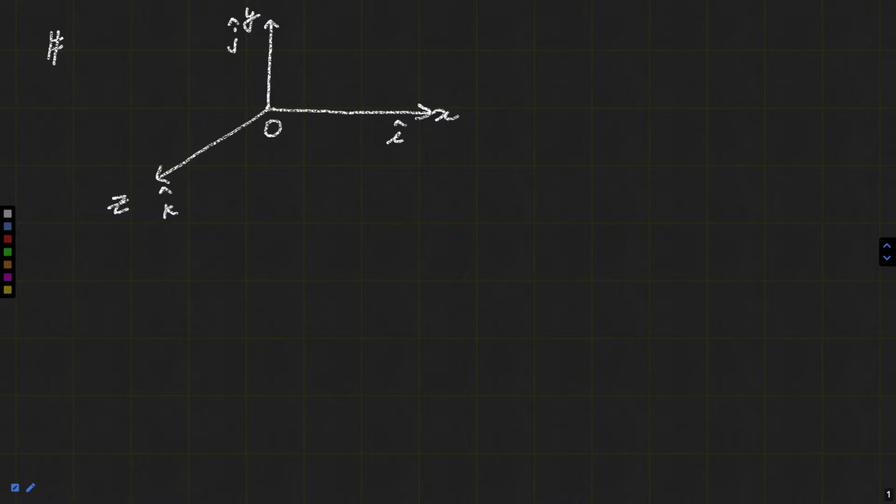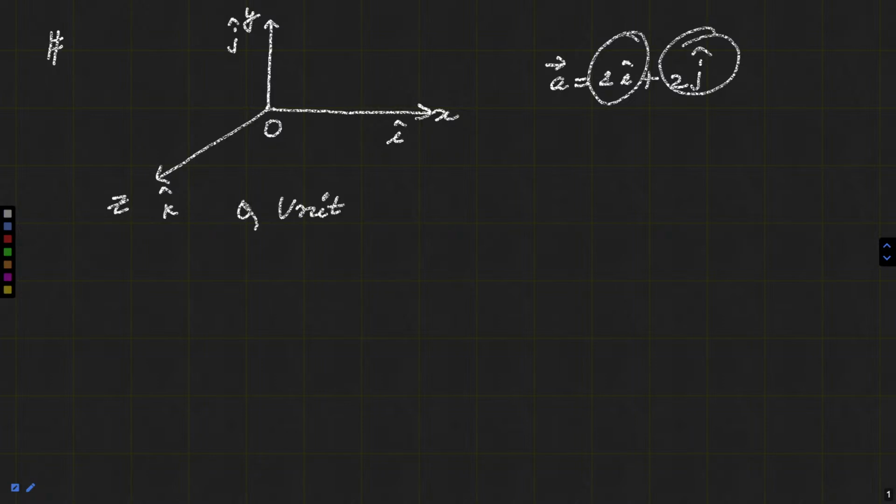Suppose a vector A is equal to 2i cap plus 2j cap. It means this one is along the x axis and this is along the y axis. A unit vector, the question is what is a unit vector? A unit vector is a vector whose magnitude is 1. Clear?